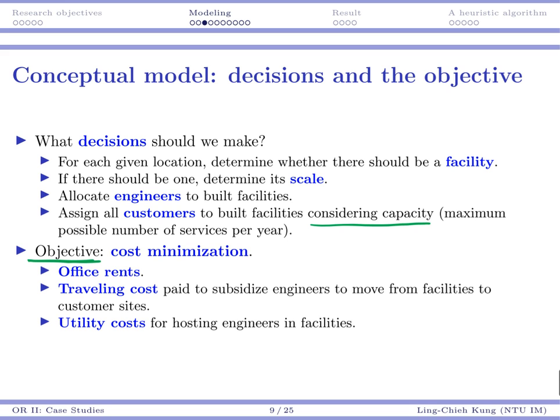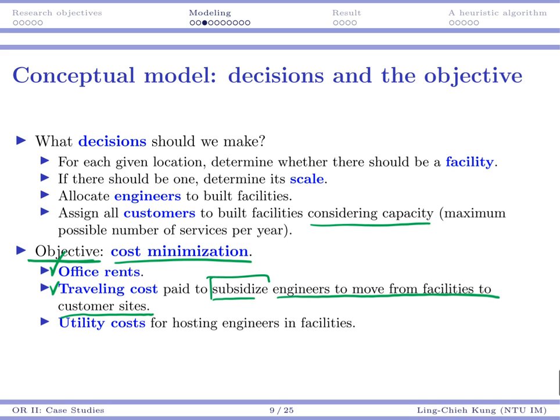Our objective for the decision is to do cost minimization. And for cost, there are 3 components. We need to take care of office rents. Okay? If you want to have a facility here, you need to pay the rent. And you need to pay those traveling costs so that you may subsidize engineers to move from facilities to customer sites, move there, go back.